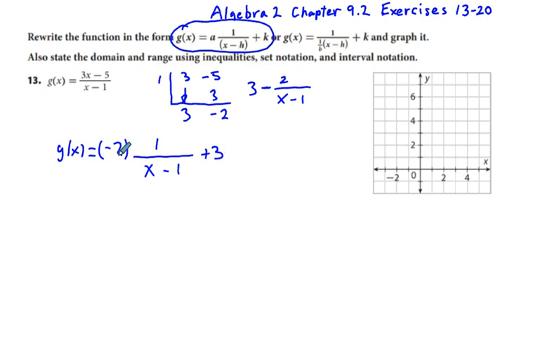So this is the form. So we have h and k, because in this form the center is going to be the point h comma k, which in this case is going to be 1 comma 3. So I put the center over here at 1, 3. So that's our center, which will determine our horizontal asymptote and our vertical asymptote.